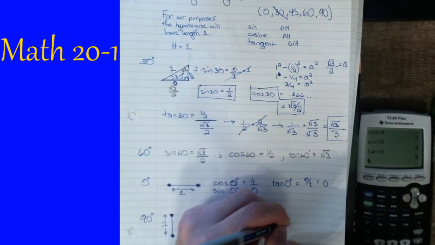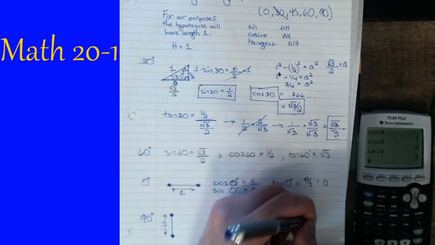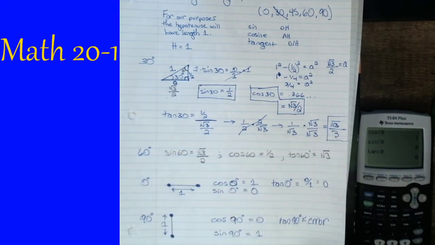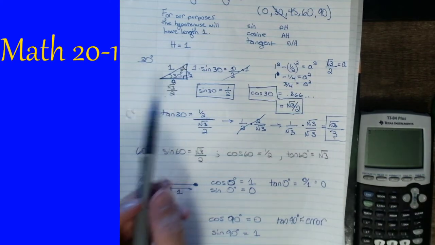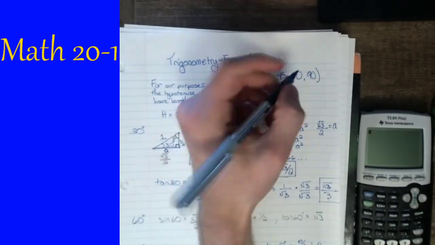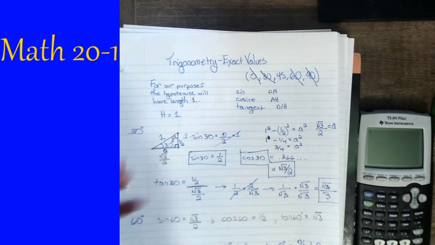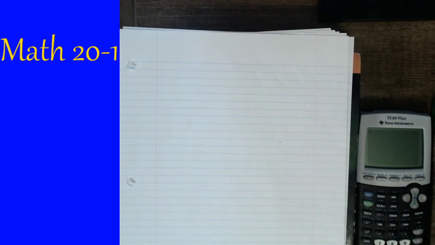And the tangent of 90 degrees is error. Can't do 1 divided by 0. Tan 90. Calculator doesn't like it. So it's just a little bit of symmetry in algebra to get you through 30 and 60 and 90 and 0 and 45. Shall not take too much more of your time.